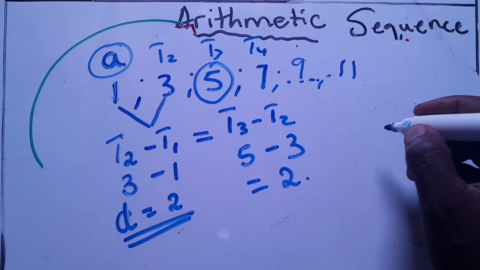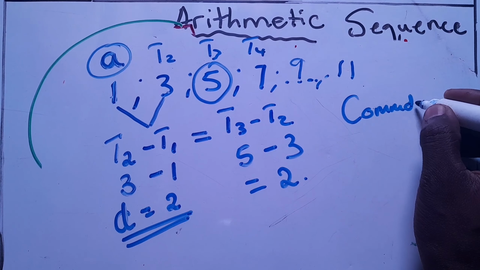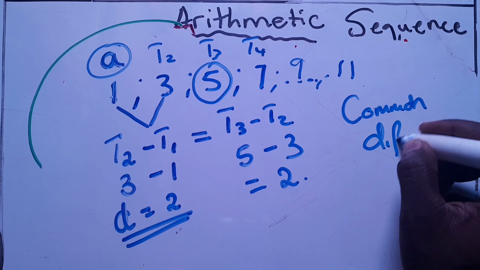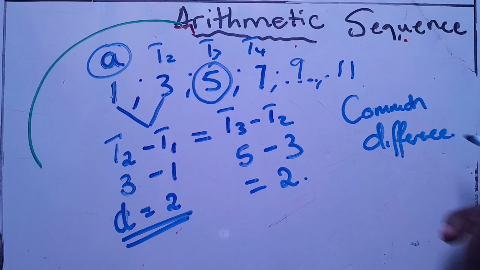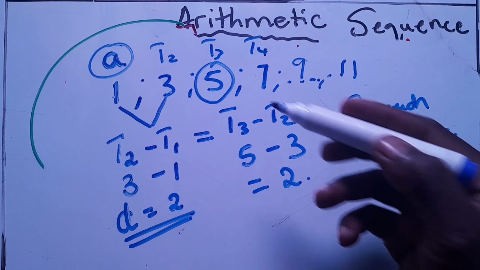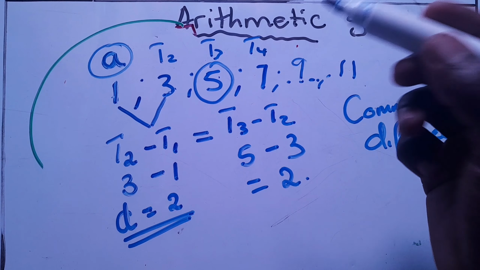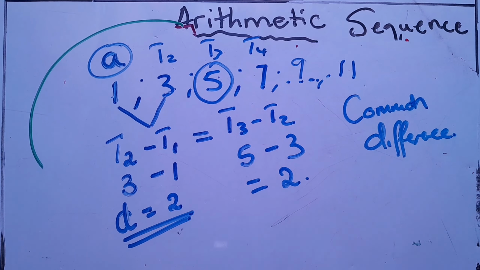So this is referred to as the common difference. The common difference of any arithmetic sequence is always the same, or always equal, right? How do I mean that? I mean, if I take T3 minus T2, I'll get the same value as if I take T5 minus T3.